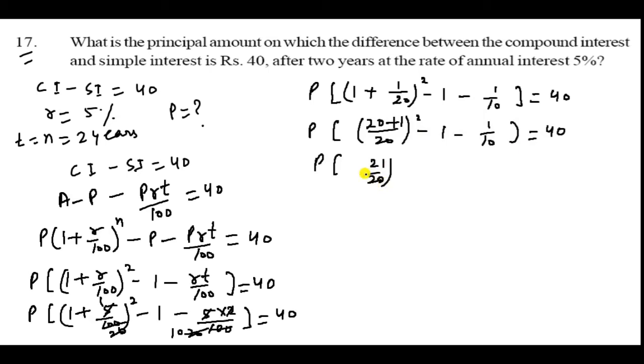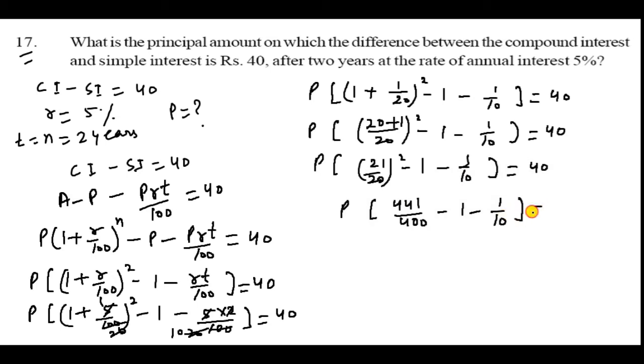And here P, taking their LCM, LCM is 20, and it is 20 plus 1 whole square and minus 1 minus 1 upon 10 is equal to 40.